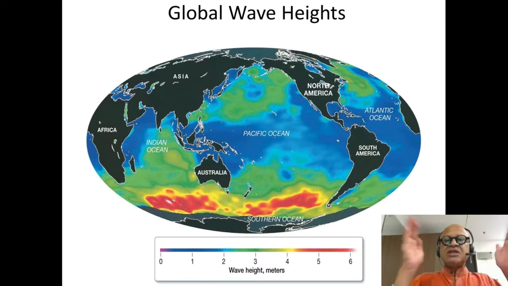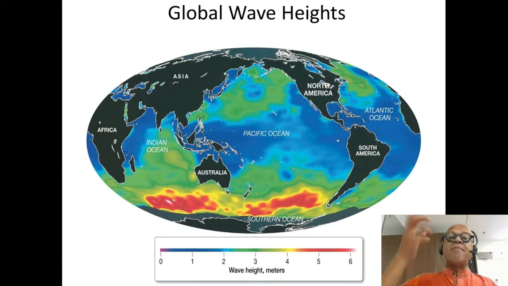The fetch gets limited by the ocean coasts on either side, whereas the Southern Ocean has no coast, so you get much more energy going into the ocean, which means much more wave energy, so wave heights will be larger. You can see here you get waves of greater than 6 meters in the Southern Ocean, which actually prevents people going to observe this ocean, going to Antarctica in the winter months.